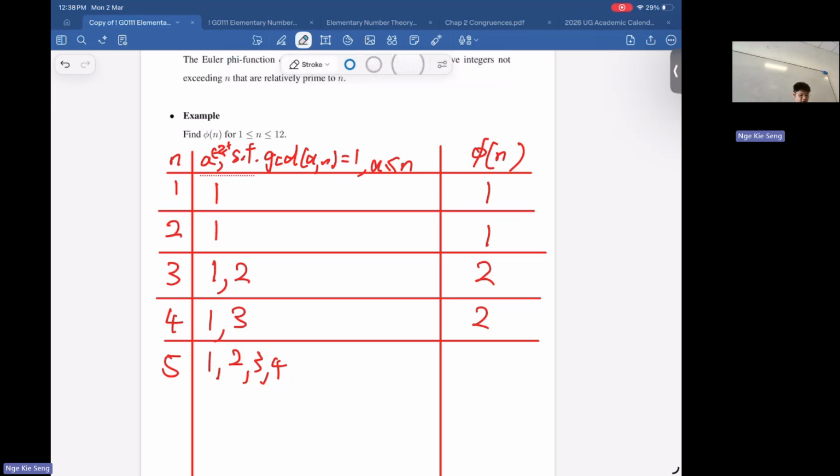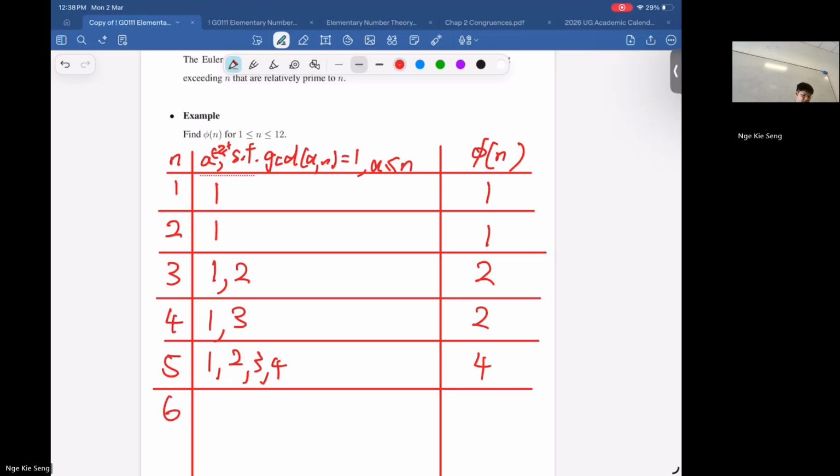No 5, because GCD of 5 and 5 is 5. 6: 1 and 5, because 2 and 3 have GCD 2 and 3 as well. And 4? What's the GCD between 4 and 6? It is 2, not 1. So here's 2.